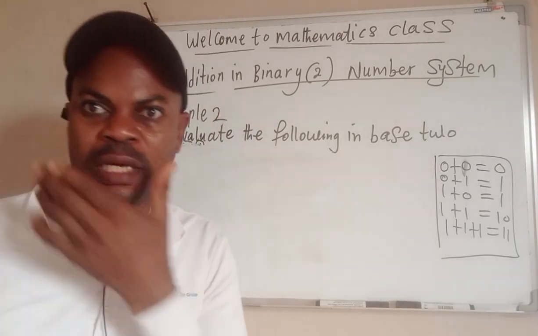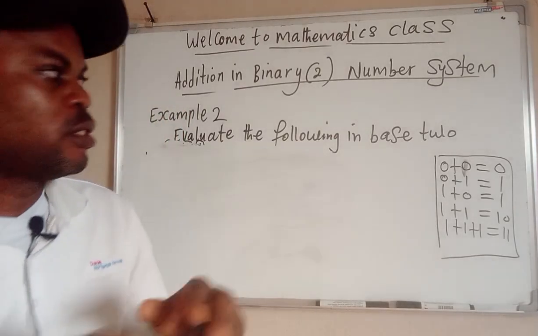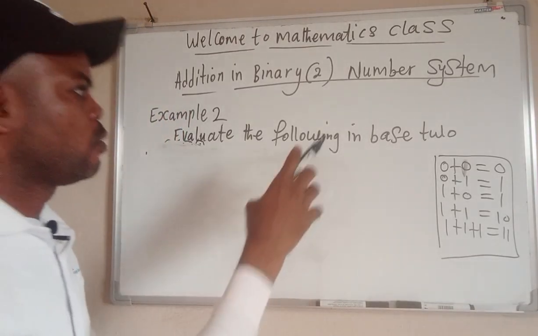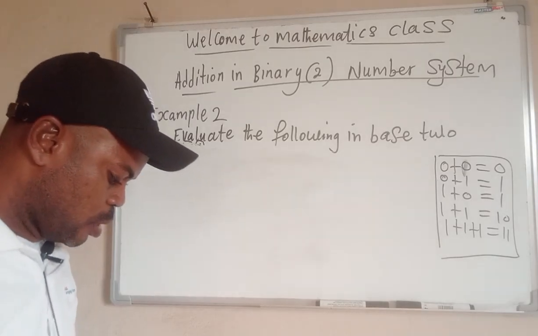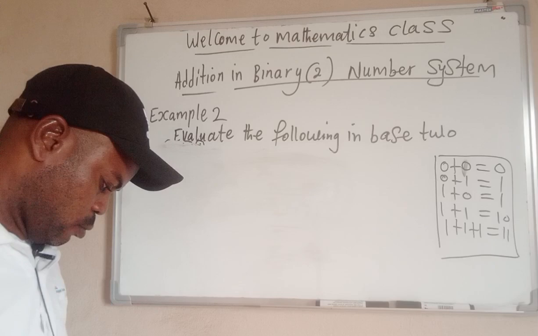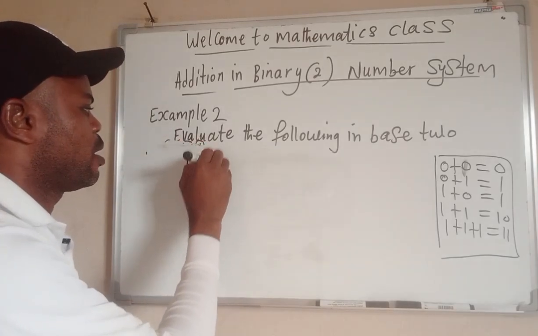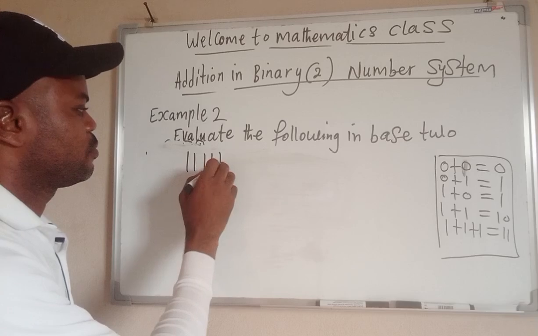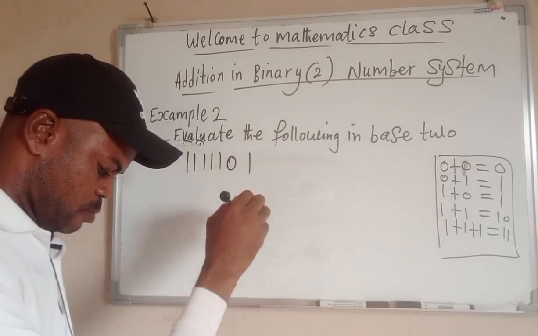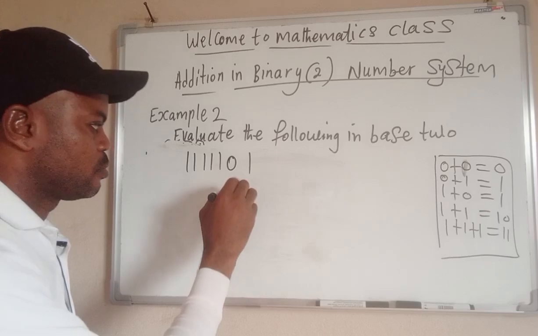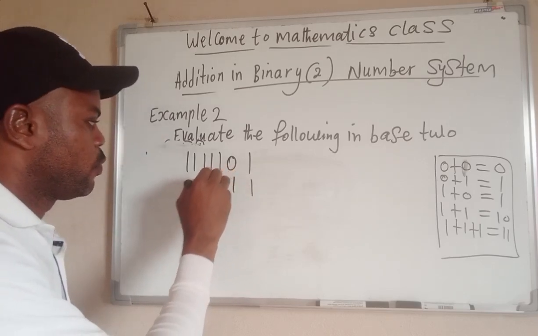The question says you should evaluate the following in base 2. The question is 1, 1, 1, 1, 1, which is up to five 1s, then 0 and 1. You are adding 1, 1, 0, 1.